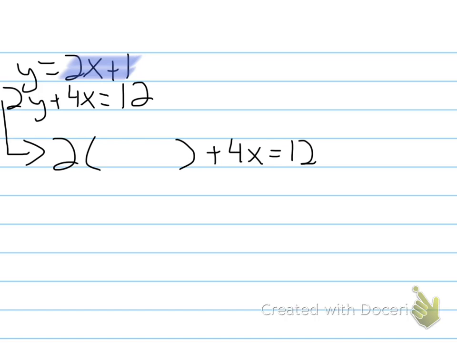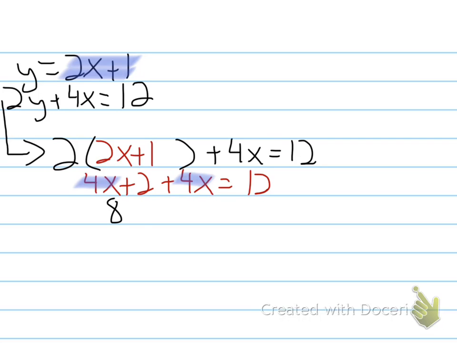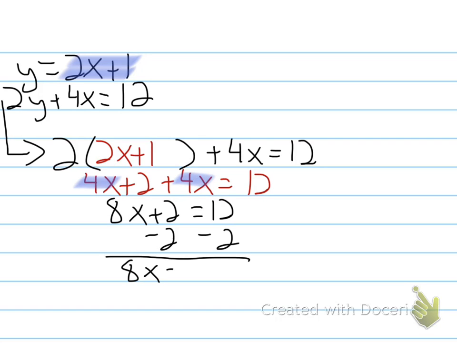So we get 4x plus 2 plus 4x equals 12. These are like terms, right? Just a little bit of clockwork here. Got to be careful though. So we get 8x plus 2 equals 12, minus 2, minus 2. 8x equals 10.